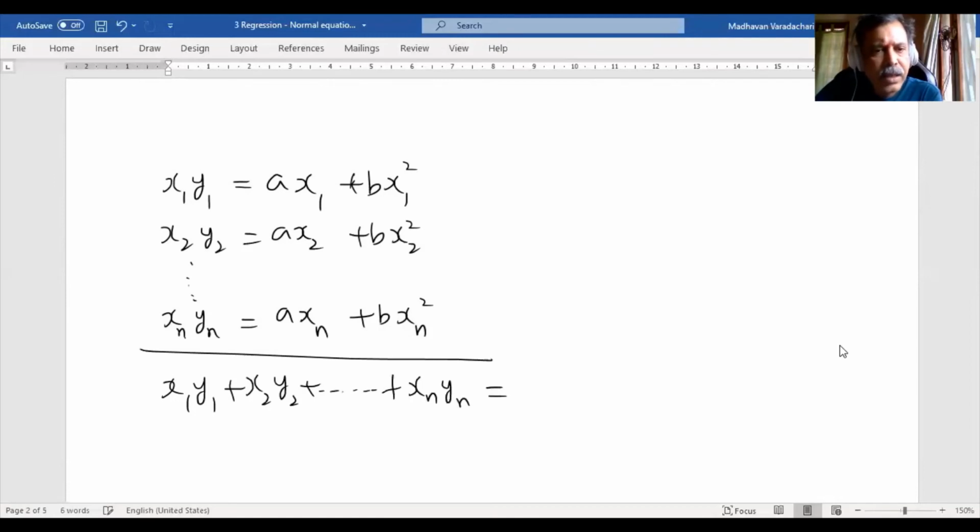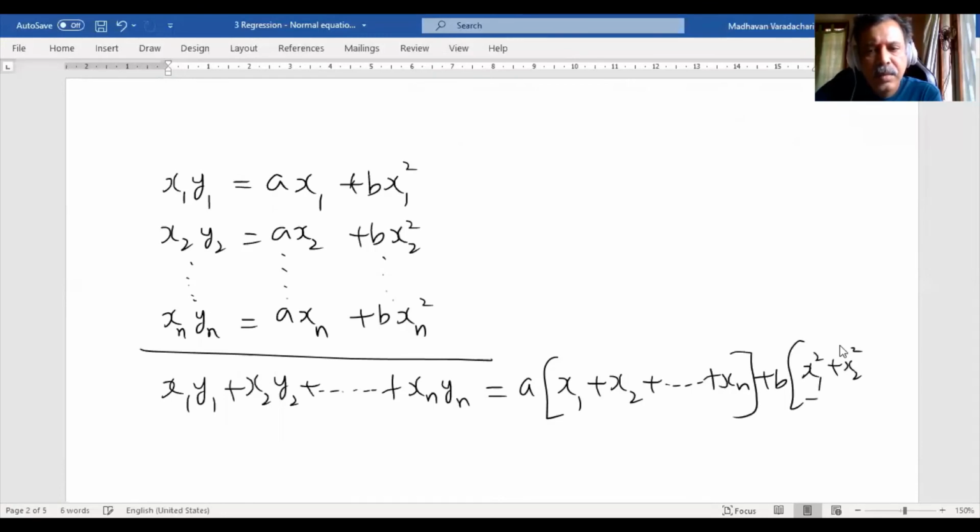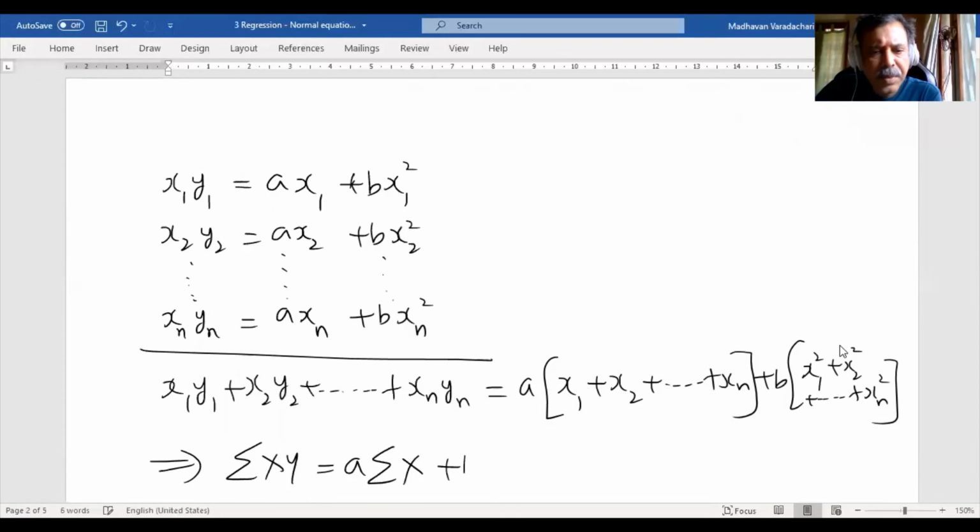On the right hand side, a is constant and b is constant, so a times x1 plus x2 and so on up to xn, plus b times x1 square plus x2 square and so on up to xn square. This I can rewrite as summation of xy equal to a summation x plus b summation x square. This is our second normal equation.